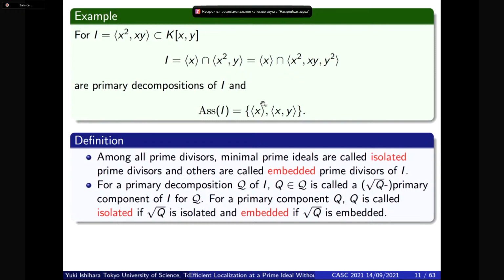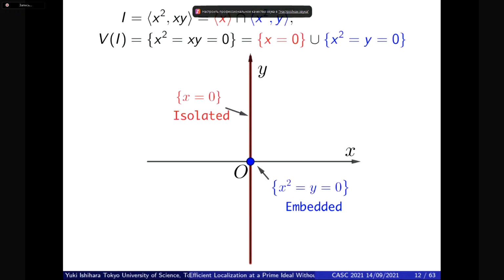In this case, x is an isolated prime divisor, and xy is an embedded prime divisor. Here is the geometrical image of the ideal: x equal to 0 is just this line, and the zero point of xy is just this origin. So the embedded prime divisor is embedded in the isolated one.